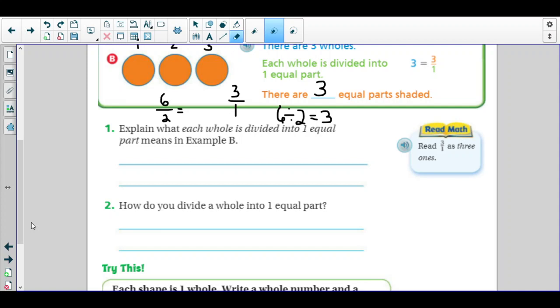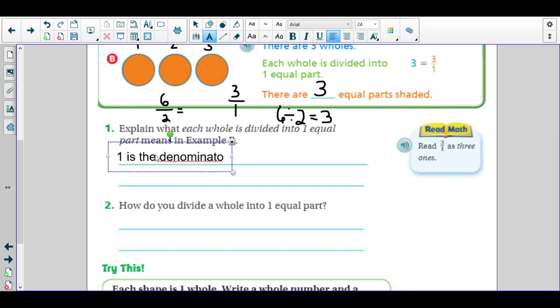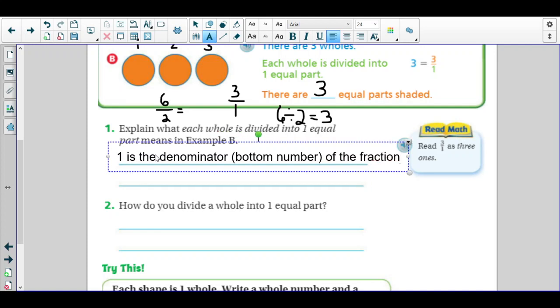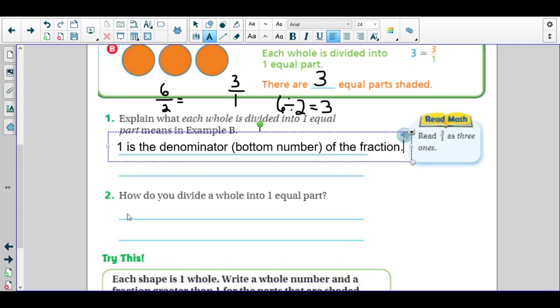So what can we say down here? Explain what each circle is divided into 1 equal part means in example B. Well, the best way I can say it is that the 1 is the denominator, or the bottom number of the fraction. And how do you divide a whole number into 1 equal part?